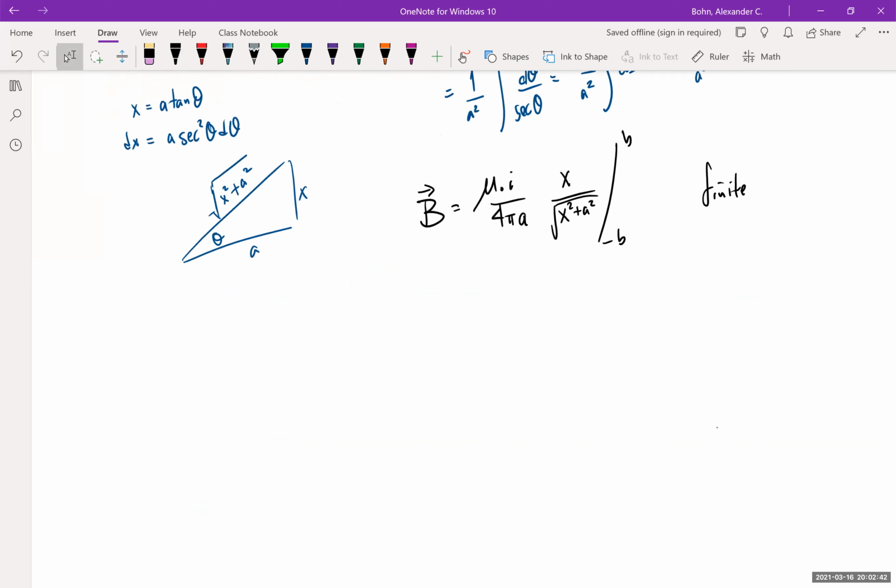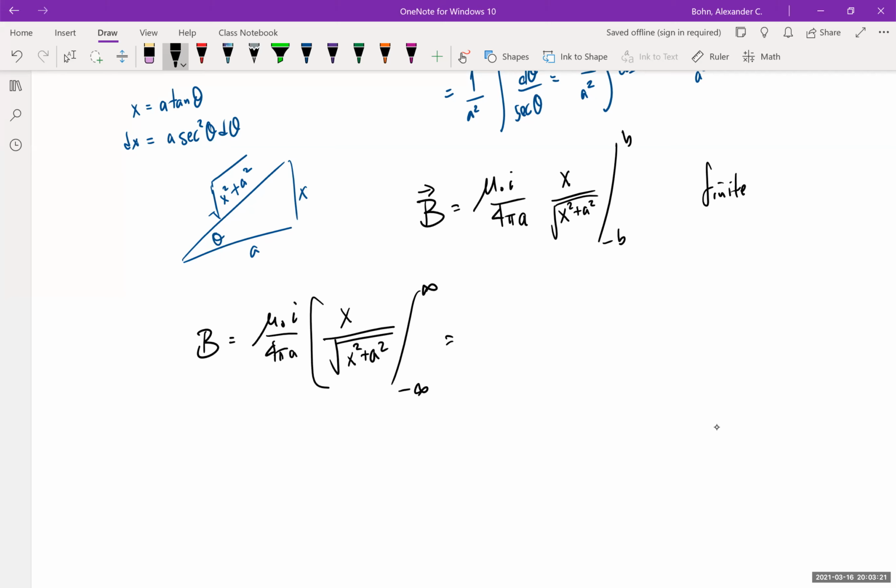But if we are in some sort of limiting case where we can argue that it is in fact infinite, or at least functionally infinite, then we are taking the limit as B goes to infinity. X over, from negative infinity to infinity. All right, so what are the limits?